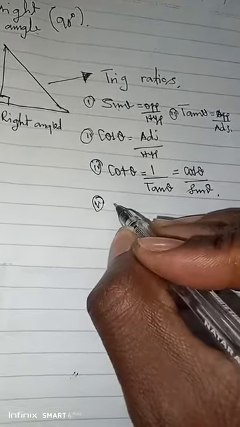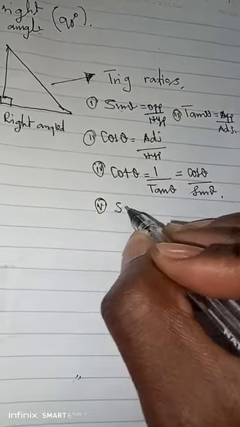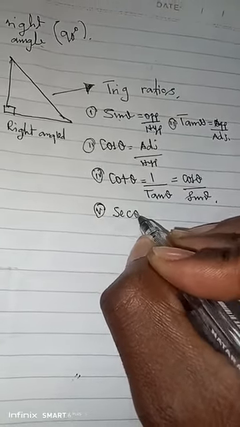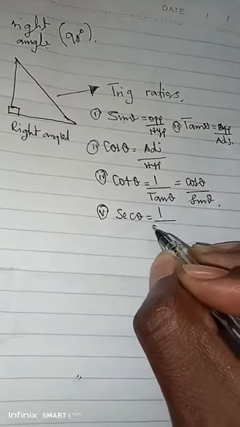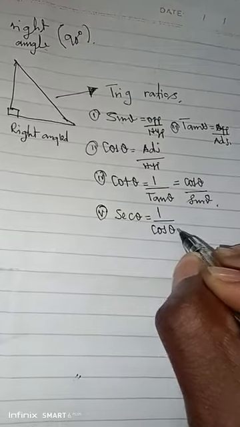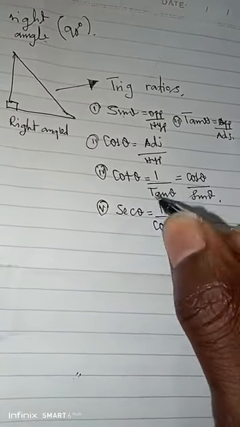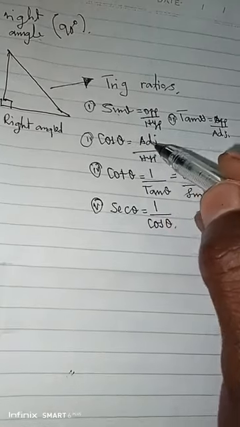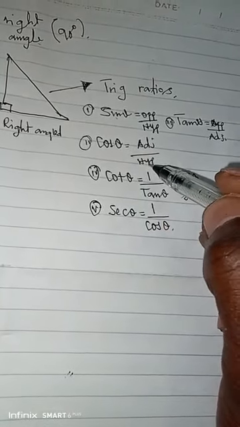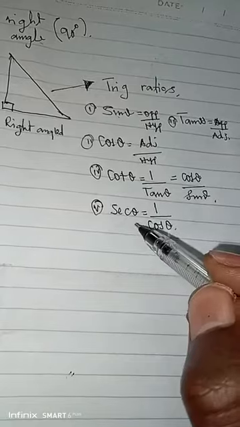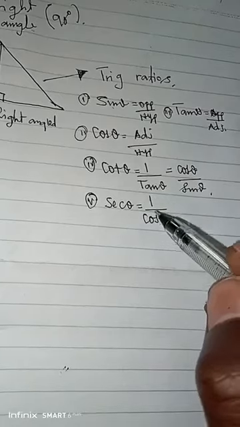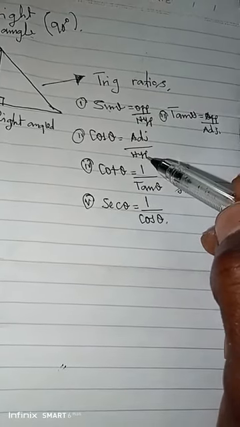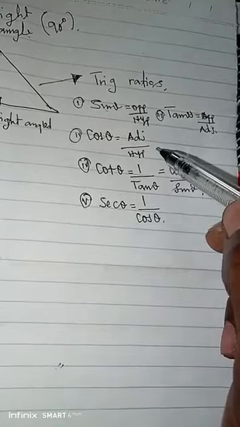The fifth one, we also have what we call the secant, or sec theta, which is just 1 over cos theta. It's the inverse of cos. So think of this: if cos theta was adjacent over hypotenuse, then 1 over cos theta is just going to be hypotenuse over adjacent.